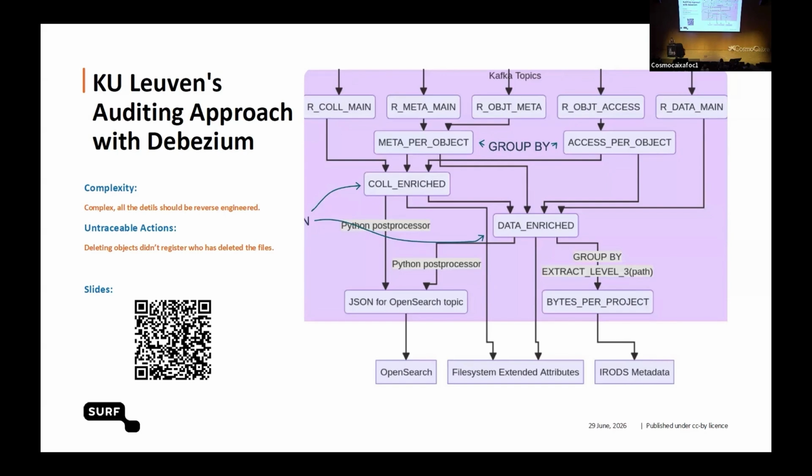Also, we realized that there might be an untraceable action. For example, in a delete situation, the user deletes a data object. There's a change in the database and a message is sent, but then you cannot recognize who has deleted this record from the database. So basically, you would miss that part of the information.